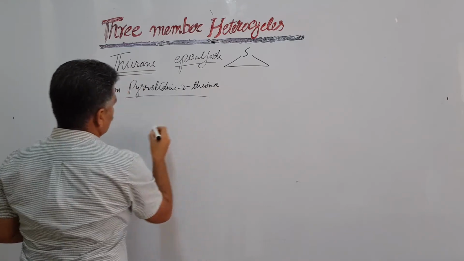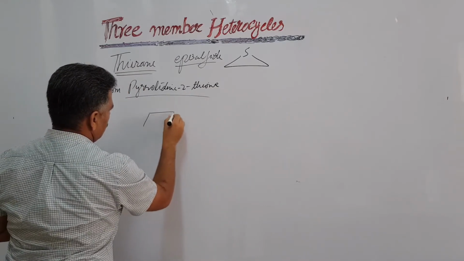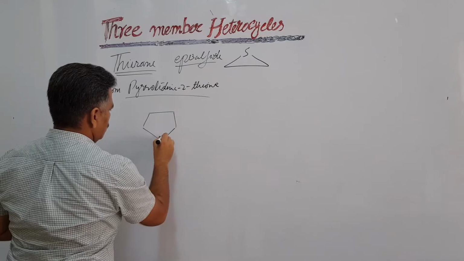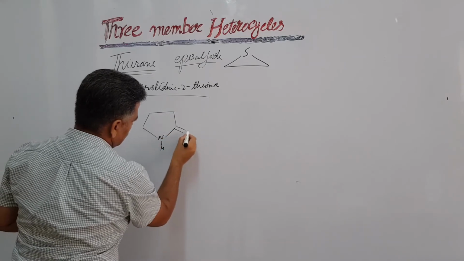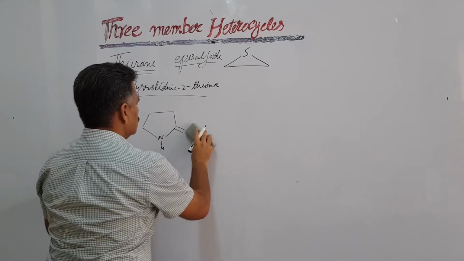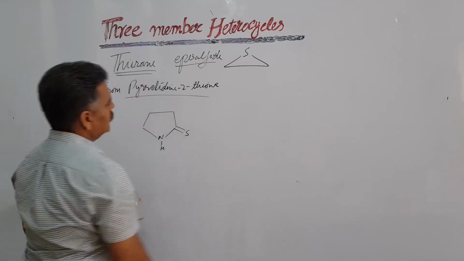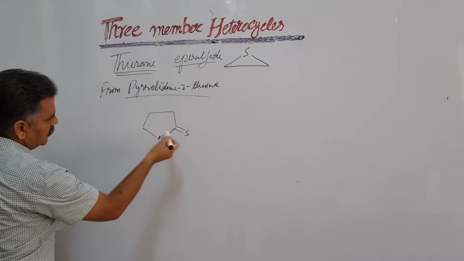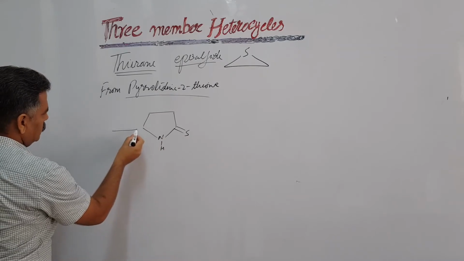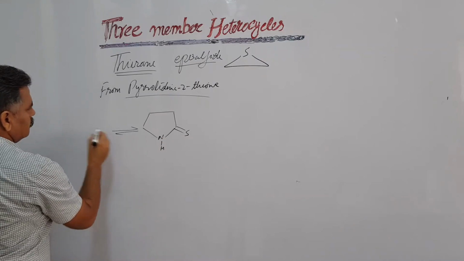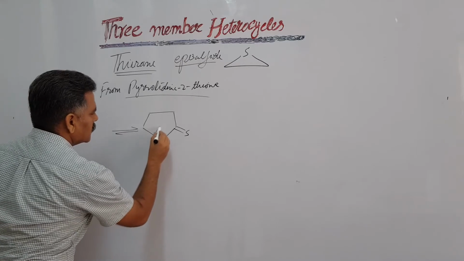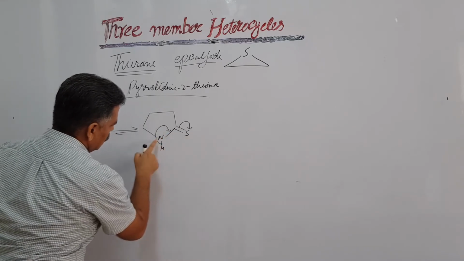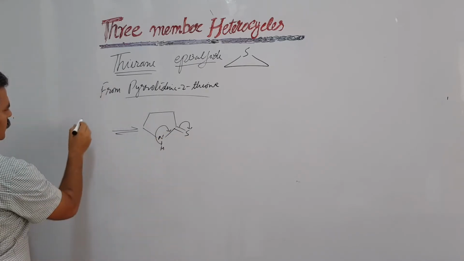So pyrrolidine to thione, here we have 5-membered pyrrolidine and here we have, instead of oxygen, sulfur, 2-thione. So we know that it tautomerizes with each other. This bond shifted here and hydrogen from this nitrogen is shifted to sulfur.